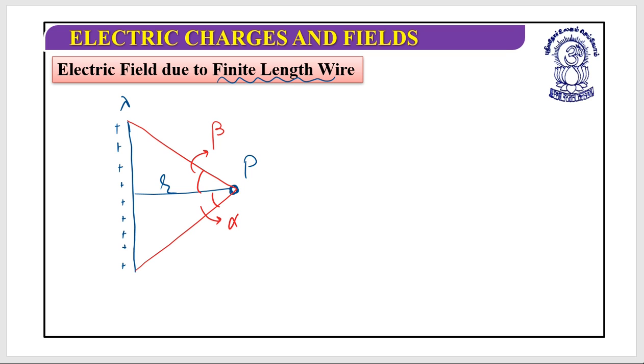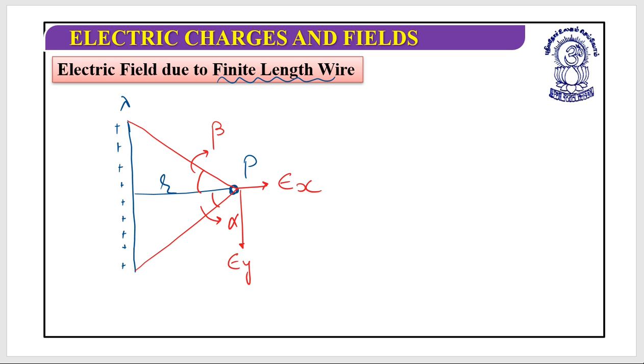Now I am having an electric field in two directions. This is Ex, the electric field in the x direction, or rather the electric field in the horizontal direction, and this is Ey, the electric field in the y direction.